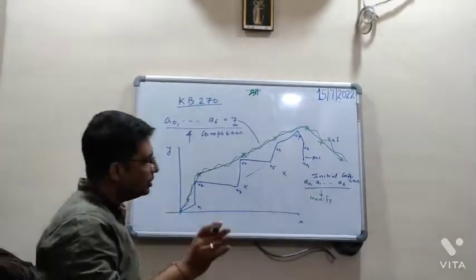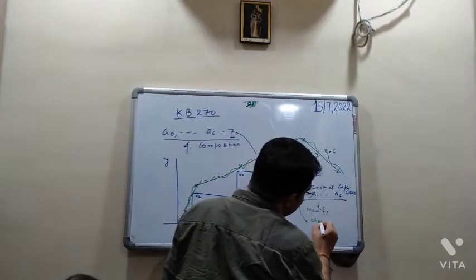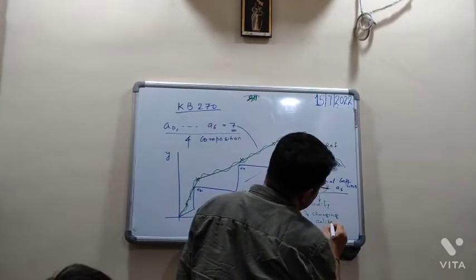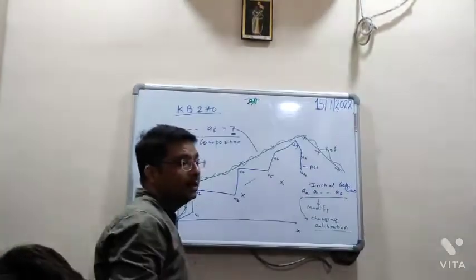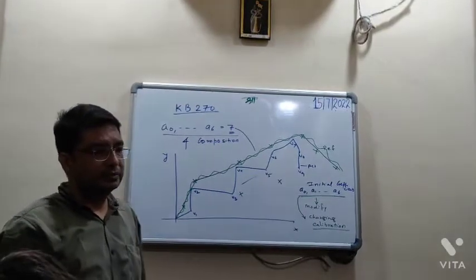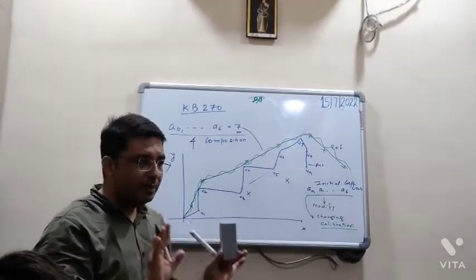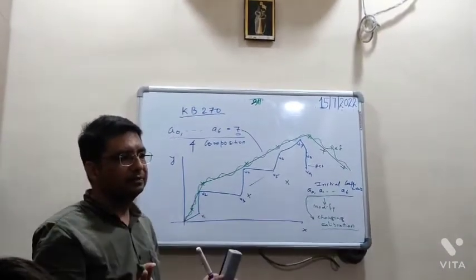Clear? And that's why these values change once you apply calibration. Is it clear? Why are these values changing? Because you are applying a calibration, that's why it is changing. Otherwise it won't change.